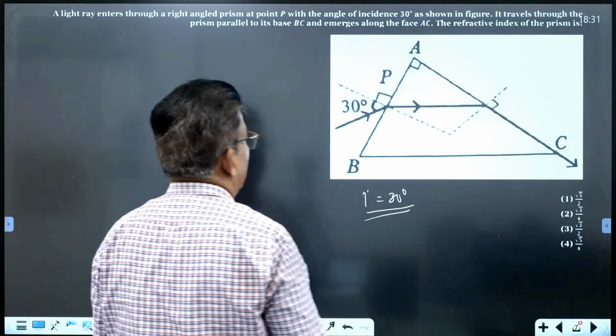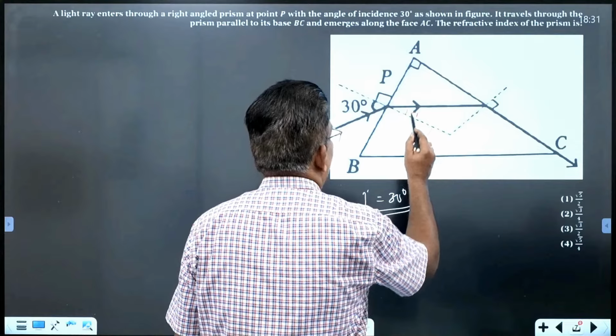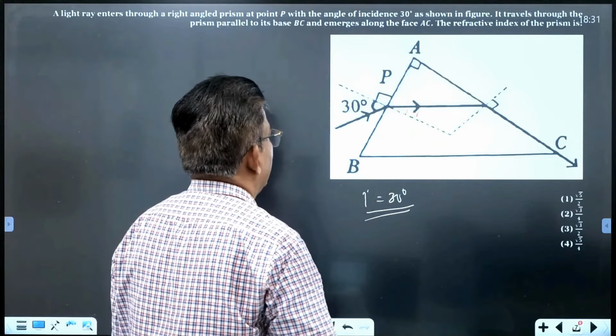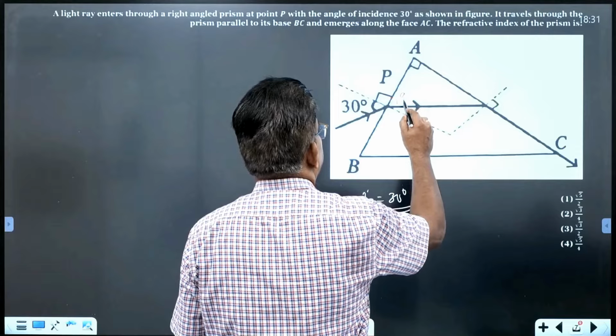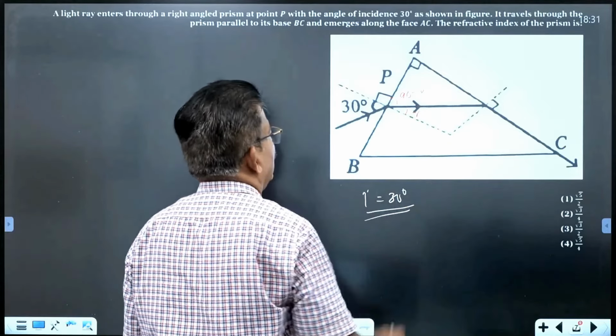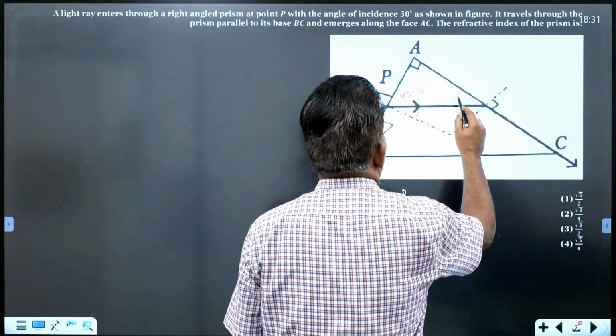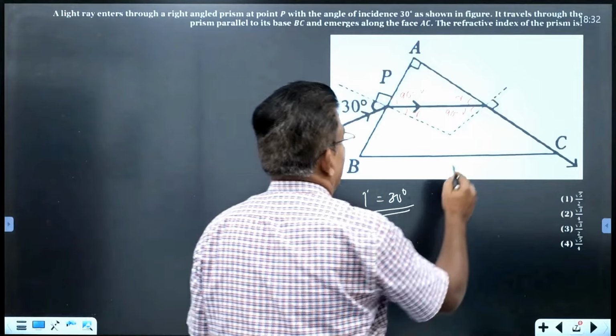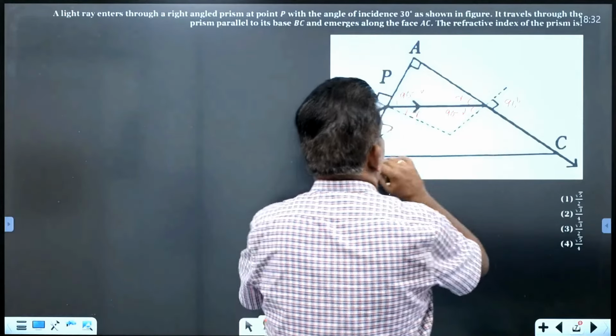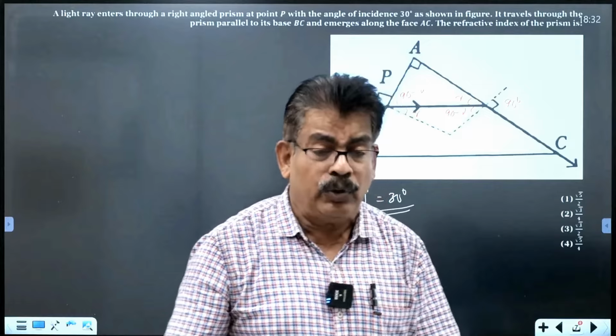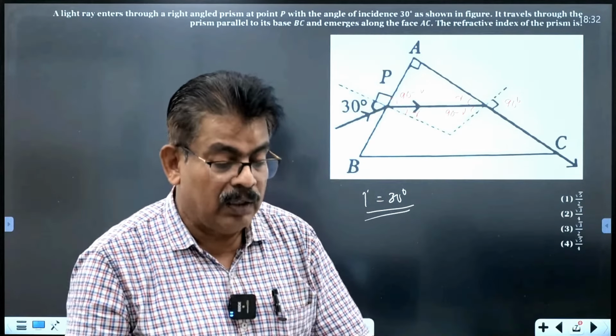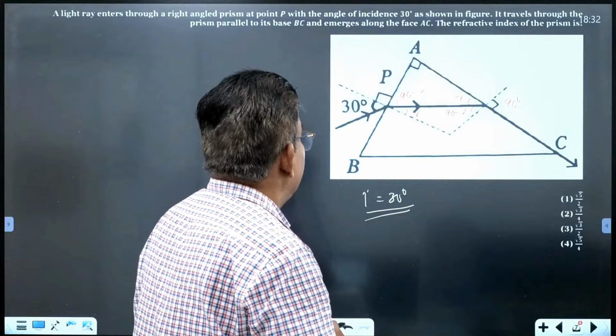So in this case, the angle of refraction we can take as R. So this will be 90 minus R because this is a normal, and this is 90 degree. So all angles have been easily marked. That you have to do in the first attempt. Angles are marked. Now tell me, we have to calculate the refractive index.